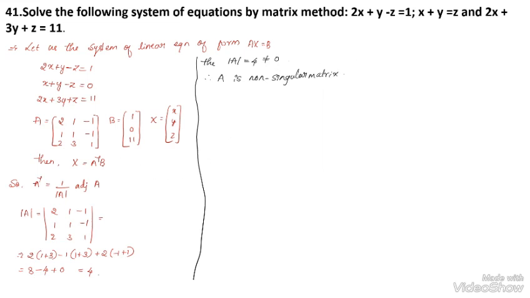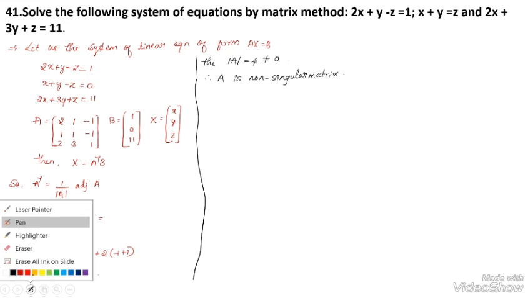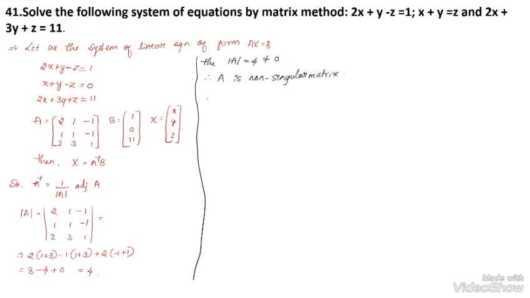Now we can find the adjoint of A. So first I can write the values: A11, A12, A13, A21, A22, A23, A31, A32, and A33. Here for the first element A11, neglecting first row, first column, that is 1 minus 1, 3 comma 1.